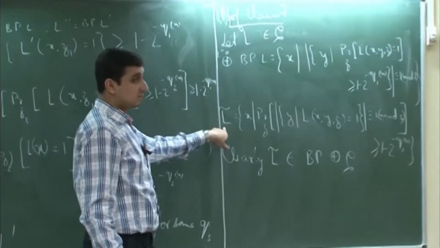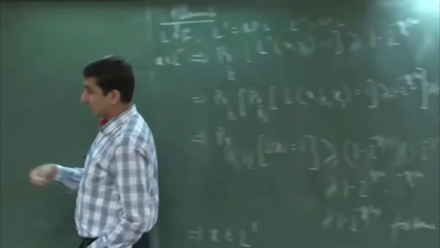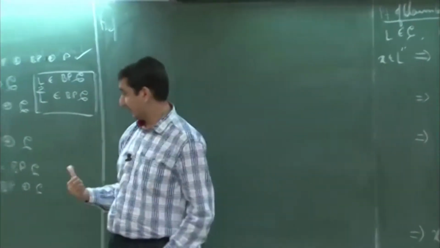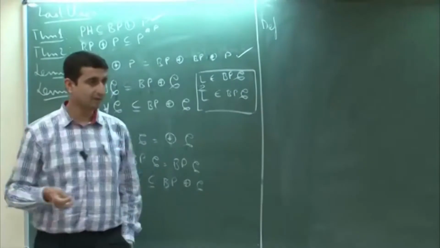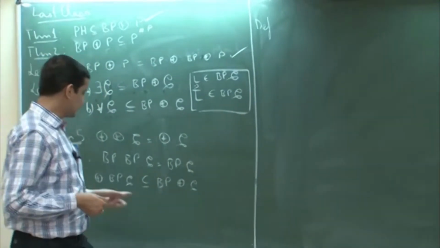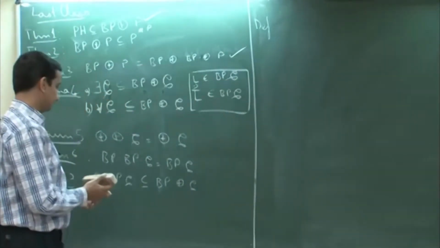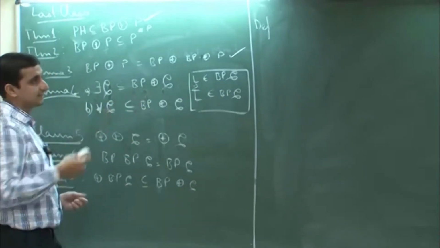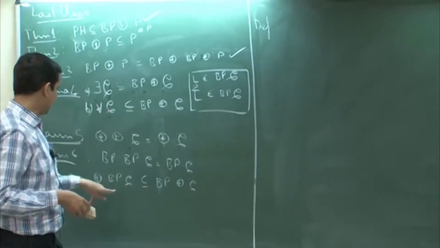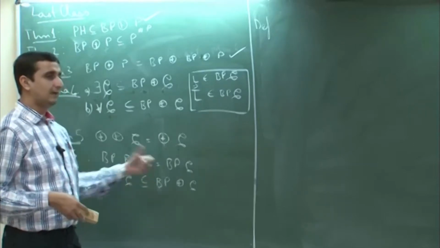So, why didn't you write it equal? Yeah, so actually it is equal. When I stated the claim last time, I did not realize, but actually these two classes are the same, because you can appropriately fix those polynomials, so that any language here will be in here and vice versa.